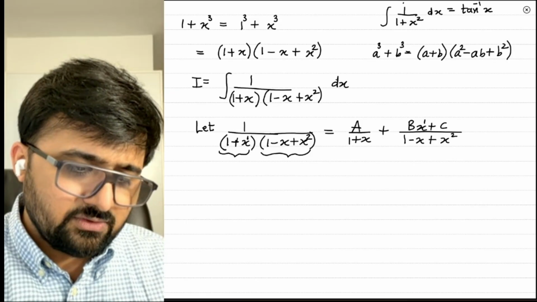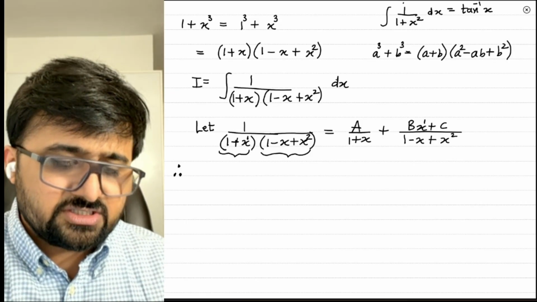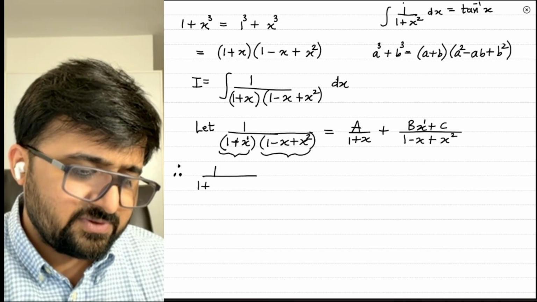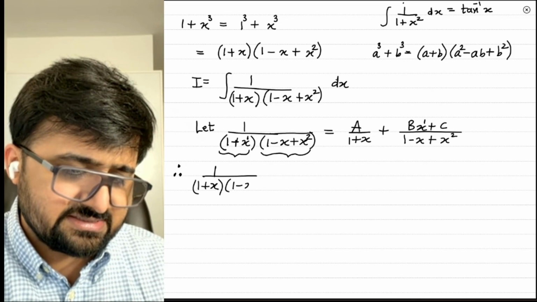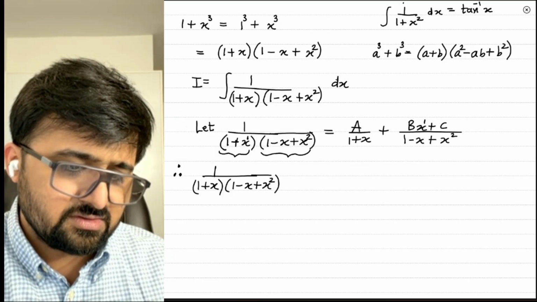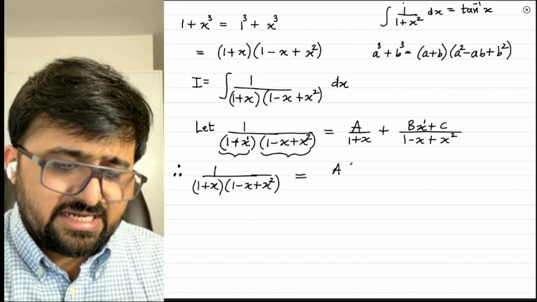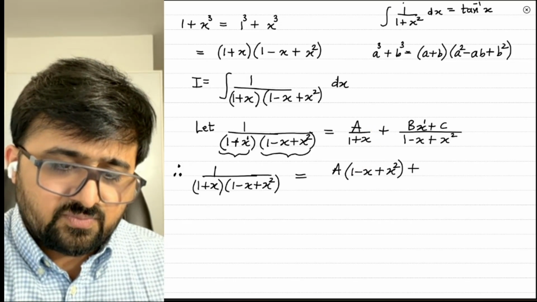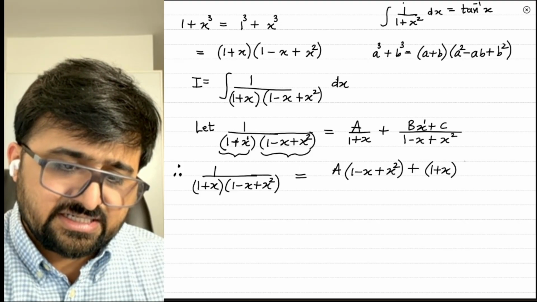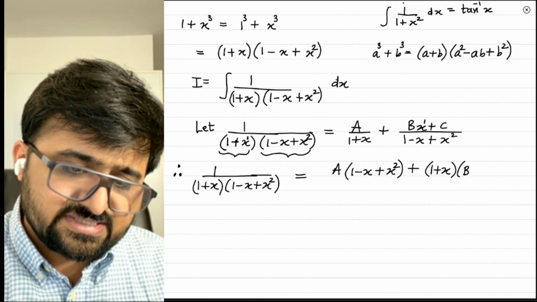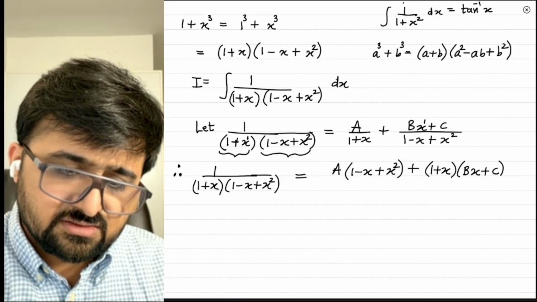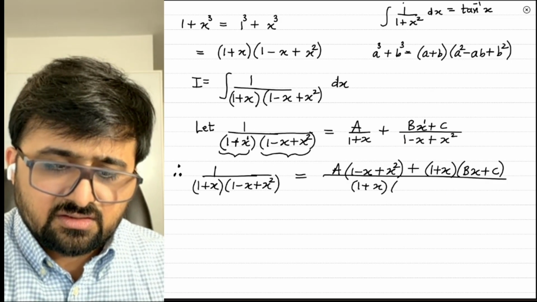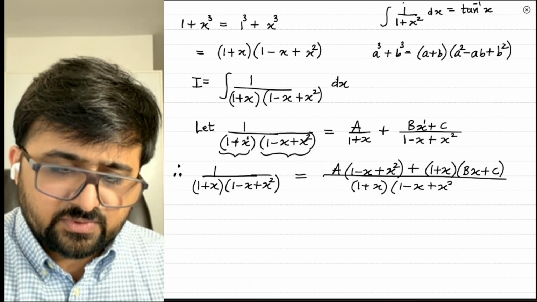Now, in order to simplify this, just do cross multiplication here. So you get 1 upon 1 plus x into 1 minus x plus x square is equal to a into 1 minus x plus x square plus 1 plus x into bx plus c, divided by the product of these two, 1 plus x into 1 minus x plus x square.